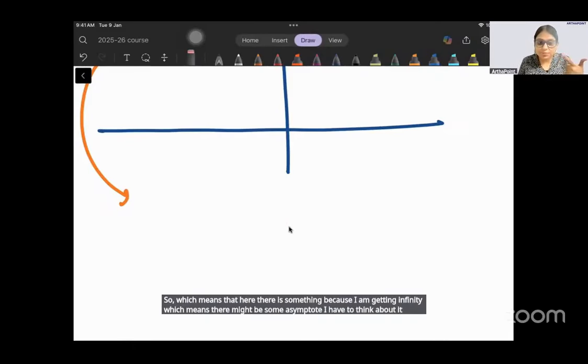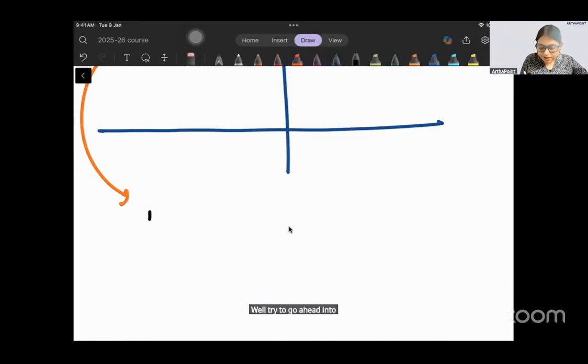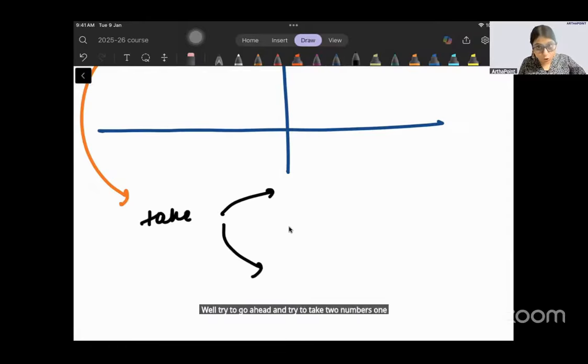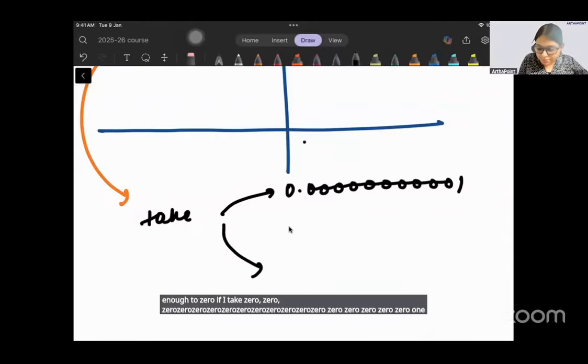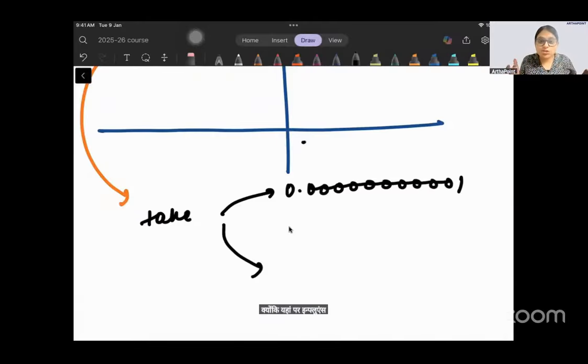And how can I think about it? Well, try to take two numbers, positive but close enough to 0. If I take 0.0000000000001, because infinity came here, I should be looking at the two sides of 0, what is happening on the right hand side of 0 and what is happening on the left hand side.